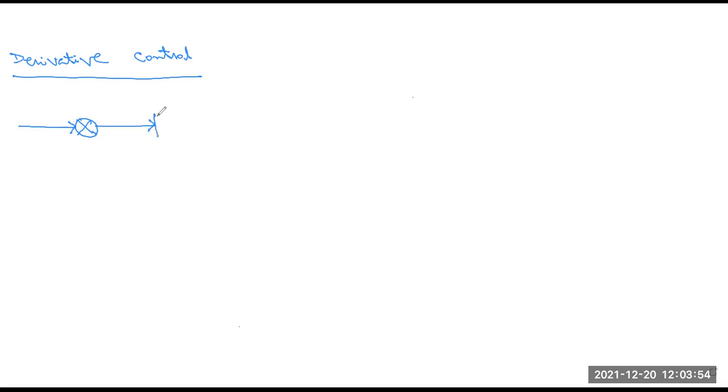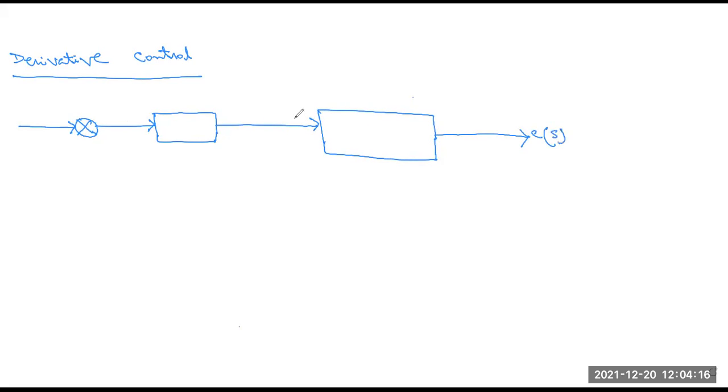Then another block, the process plant, where we use a second order system. Finally we calculate the output, which represents C(s).